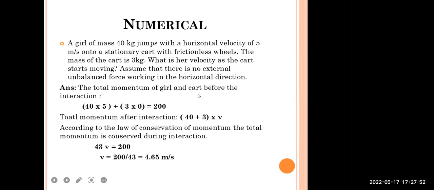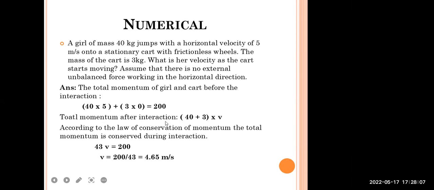Total momentum of girl and cart before the interaction is M1U1 plus M2U2, which will be 40 into 5 plus 3 into 0. That will be 200.